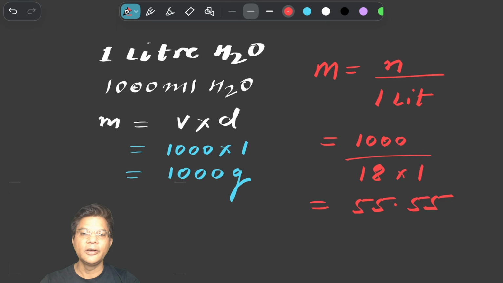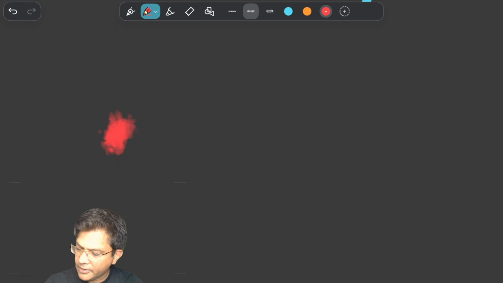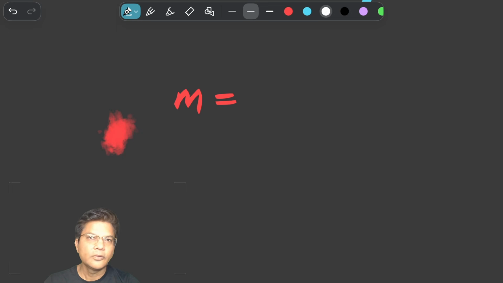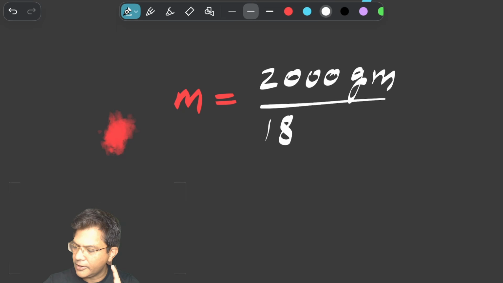Now you will say, sir, if I take 2 liters of water? No problem. If you take 2 liters of water, you are also going to get the same thing. Let's see why. Molarity is equal to moles upon volume in liter. This time we have taken 2 liters, so moles will be, because 2 liters means 2000 gram, 2000 upon 18, and into 2 liters.